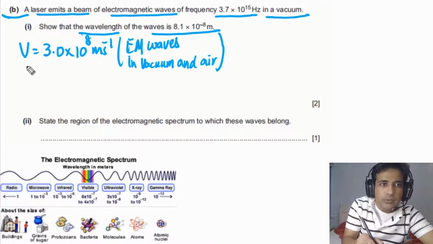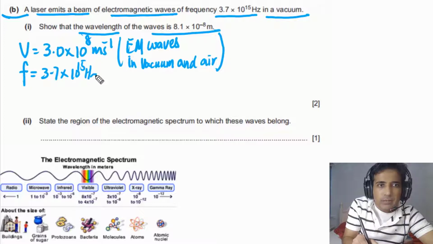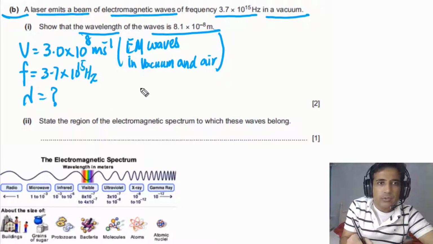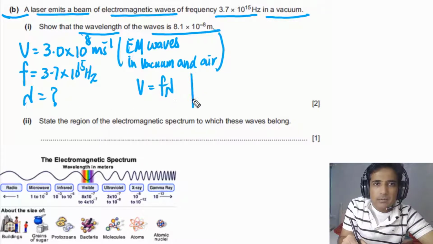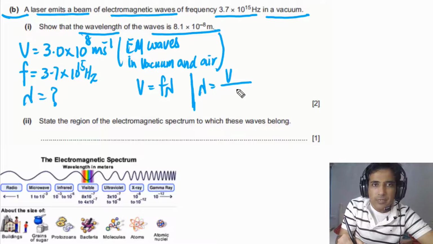Now we need to calculate lambda, but the frequency of electromagnetic waves is given, that is 3.7 times 10 to the 15 hertz. So simply we need to use v is equal to f times lambda. From here we can calculate the value of lambda, which will be equal to speed of waves divided by frequency of waves.